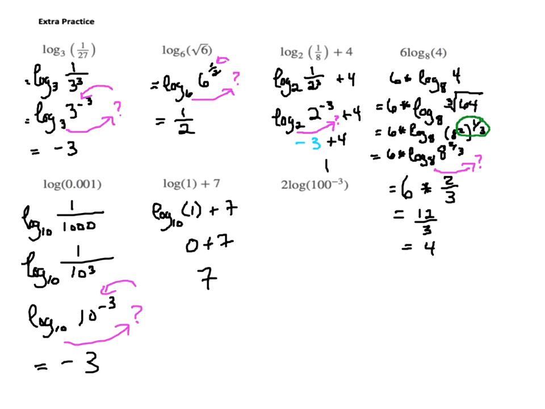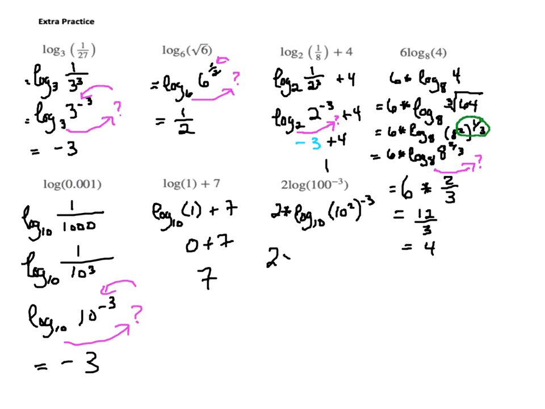And this last one, 2 times log understood base 10 of 100 to the negative third power. I want to put this in terms of 10 to have like bases. So this is the same thing as 10 squared raised to the negative third power.